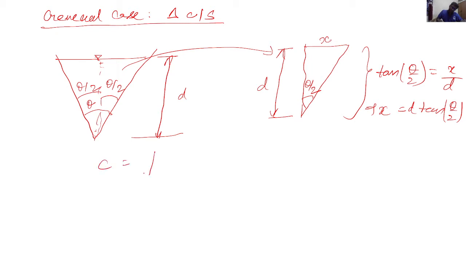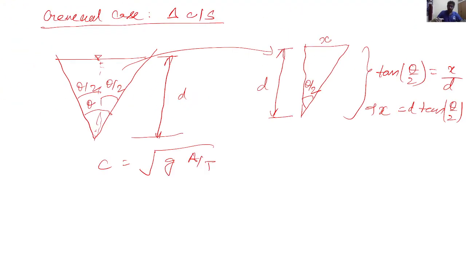So the celerity, we know the equation happens to be the same, square root of g times a by t, or d. So a is half times the base. So the base will be, since x is d tan theta by 2, this will be d tan theta by 2, and this other part will again be d tan theta by 2.